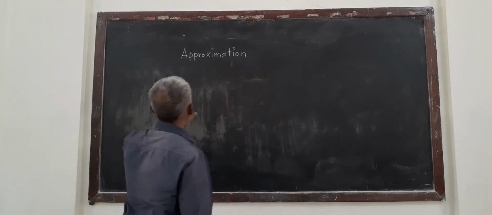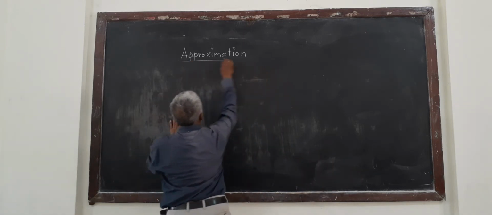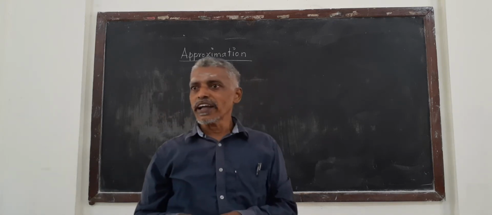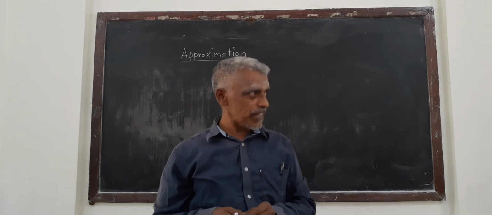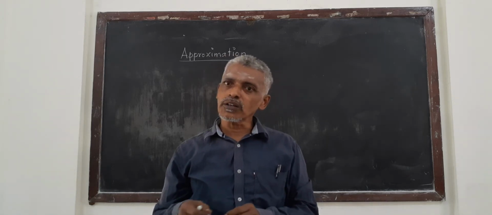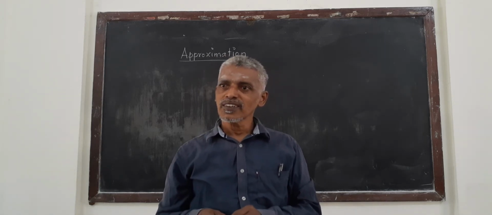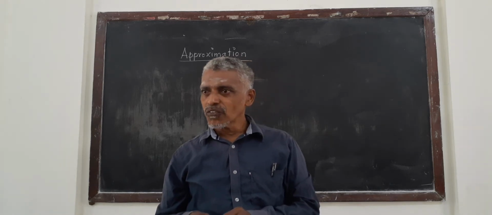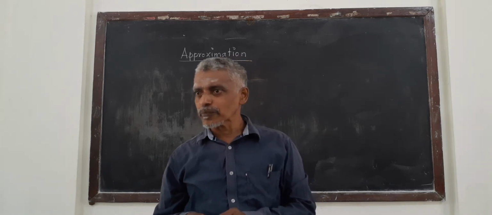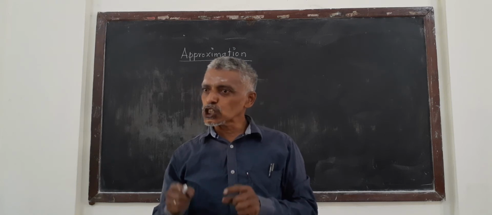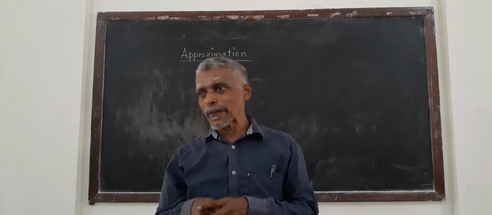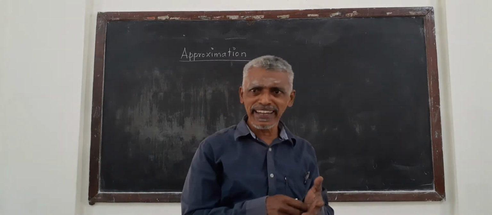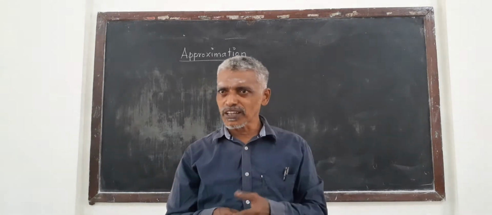Now we go back. Approximation. I give you one example. I ask you to count 510 rupees notes. Yes. You start to count. You have to give me the answer, sir. Yes, it is 510 rupees. There are also chances for you to say, sir, I hope it is 498 10 rupees notes.